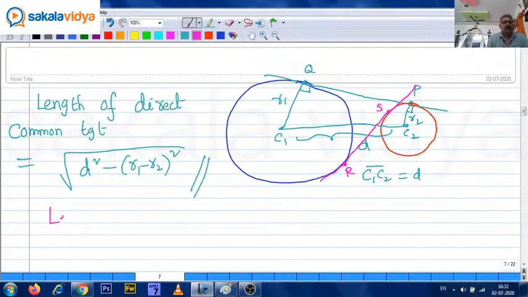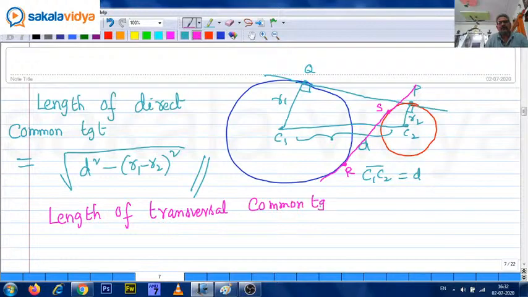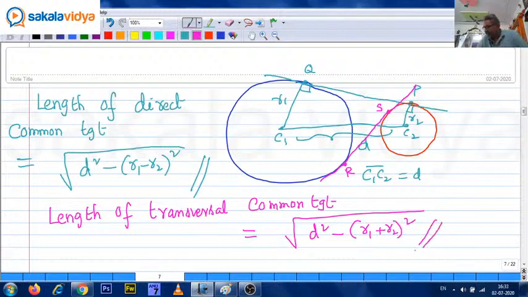So the length of the transversal common tangent is given by the same, root of d square minus (r1 plus r2) whole square. That means with the help of these two formulae, we can find the length of the direct common tangent and the length of the transversal common tangent. These two formulae are very, very important.